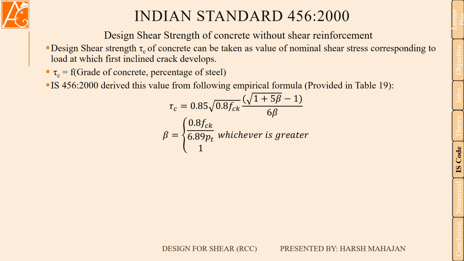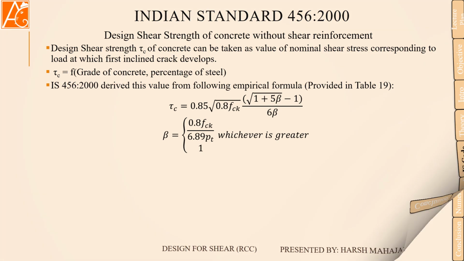Tau c is a function of grade of concrete and percentage of steel. As per this formula you can calculate it. Here you can see tau c is a function of fck and percentage of steel. This is given in table number 19 of IS 456:2000. Remember, tau c is a function of grade of concrete and percent of steel.